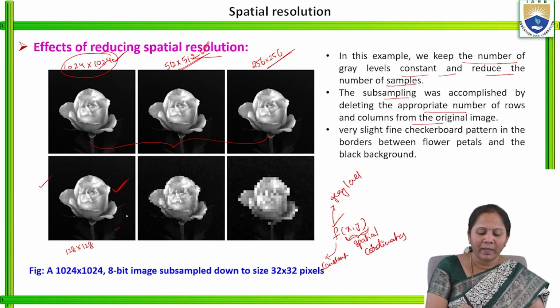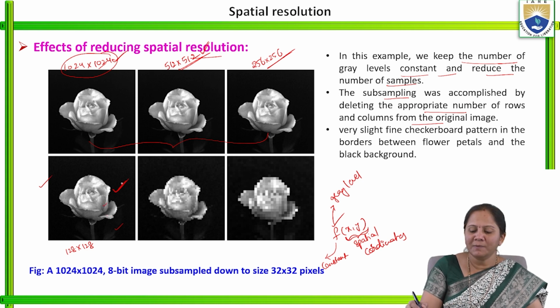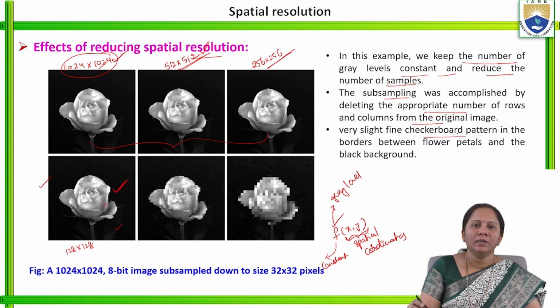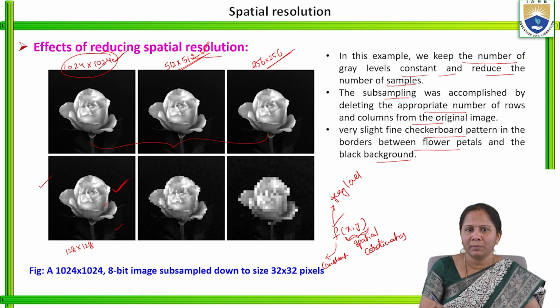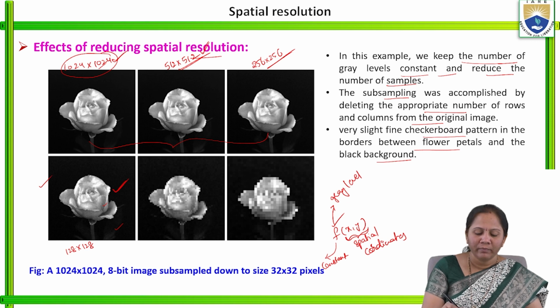If you see the petals of this flower, we can observe a small checkerboard-like pattern in the borders between the flower petals and the black background. From this, we can observe degradation of the image.